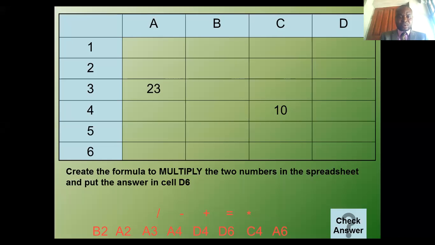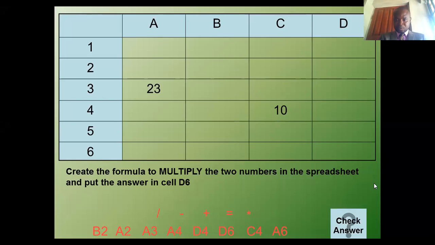Okay, welcome back. I think I had a little bit of disconnection a few minutes ago. Now we come back to the spreadsheet modeling task. Now we want to create a formula to calculate the numbers in the spreadsheet and put the result in cell D6.